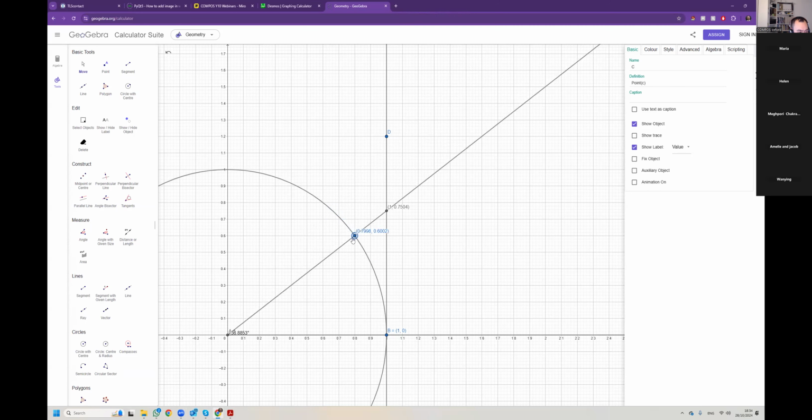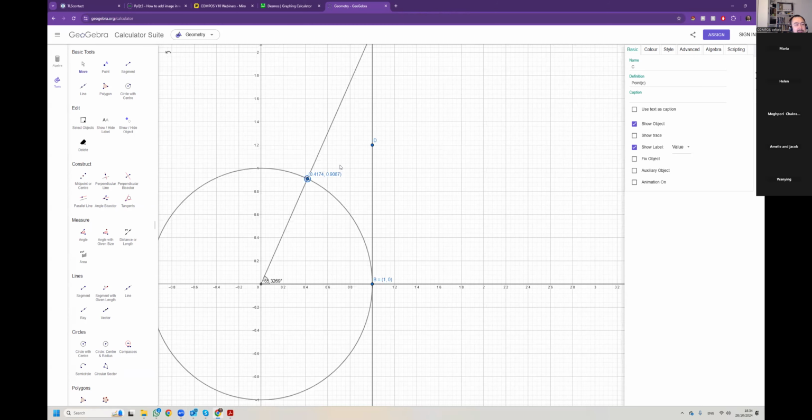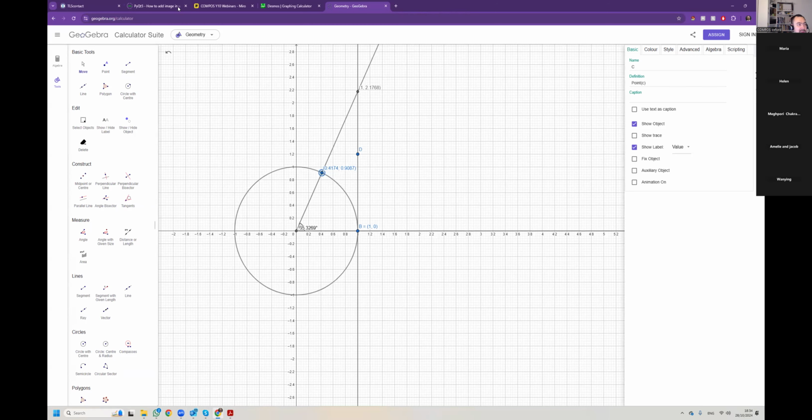Tangent of 30 degrees is roughly 0.57, etc. And of course, tangent of 90 degrees doesn't exist because the parallel lines don't cross. Lovely.